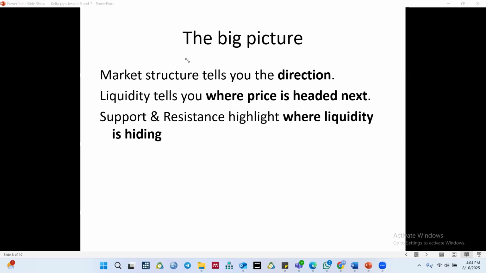Then support and resistance will highlight where the liquidity is really hiding. So put all these three together and master them, and you can have a very strong trading strategy.